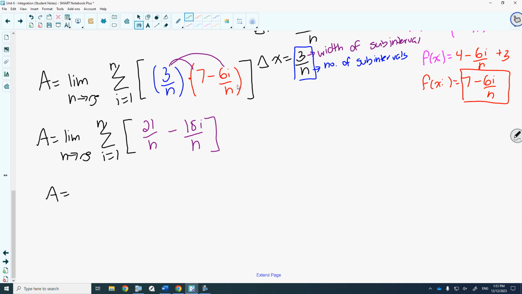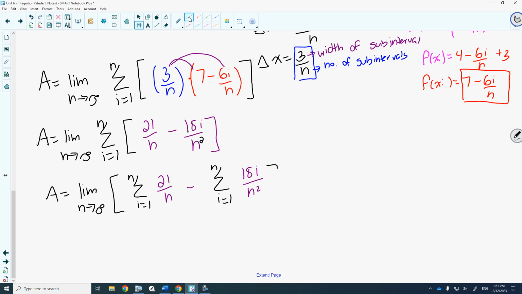Sorry, n times n is n squared. So we're going to have 21 over n, and then we're going to sum, and we'll have 18i over n squared.